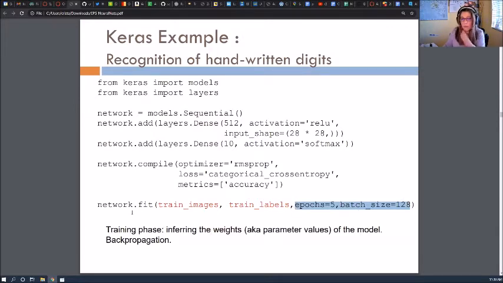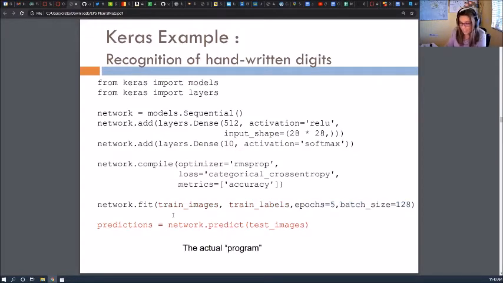But the goal of this training phase is to infer the weights, is what I was telling you about. Given inputs and outputs, the magic of the math tries to find the best values of those weights of the edges for the data that is being seen here.